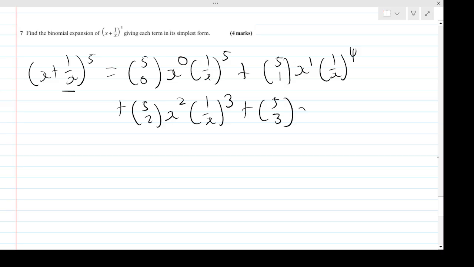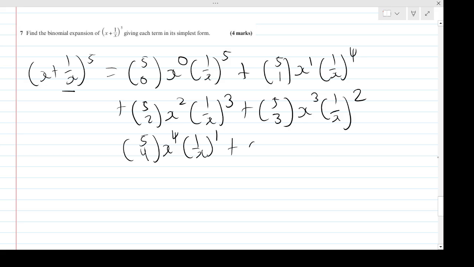The next term, that'd be x cubed. Then 1 over x, and the other part would have a corresponding power of 2 to obviously get 5. Then the next term is 5 choose 4, then there'd be x to the 4, and then 1 over x would be power 1. Then the final term is 5 choose 5, and then x to the 5, and then 1 over x would be a power of 0.